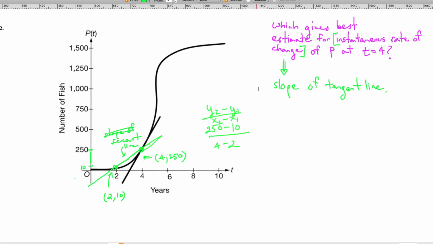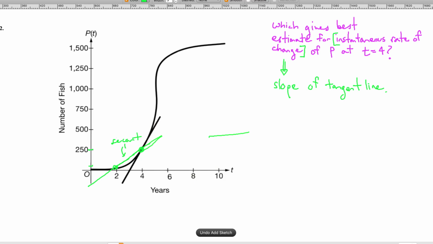Now, let's say I wanted to find out the instantaneous rate of change, exactly what the rate of change is at, let's say, 3.